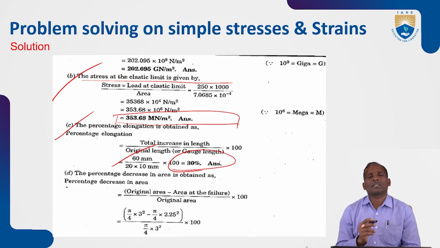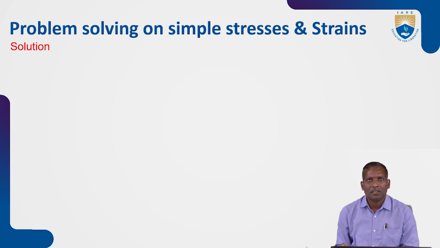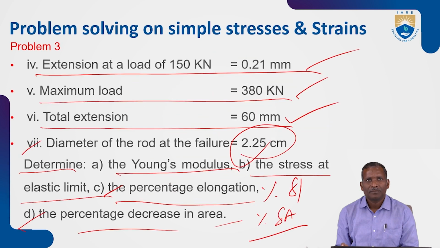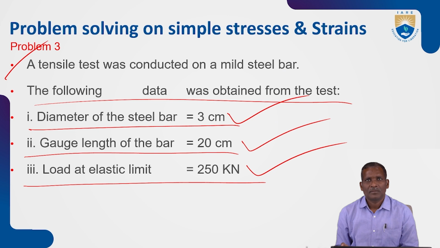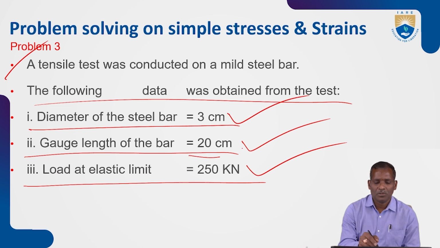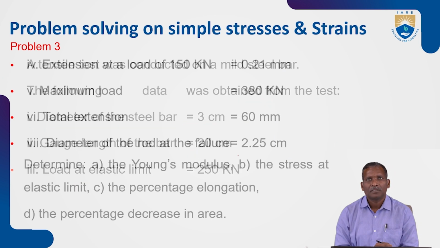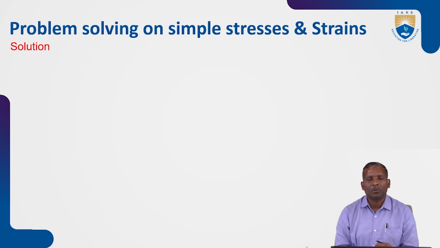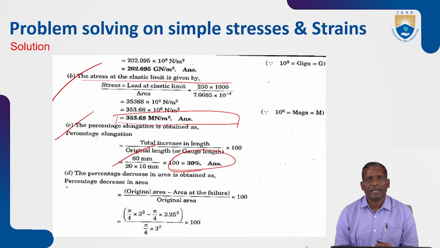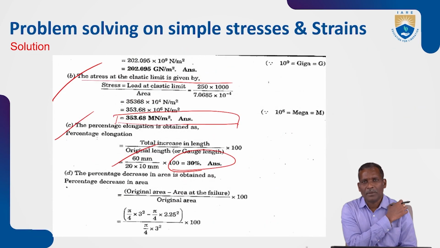So this is percentage elongation. The gauge length of the body is 20 cm, that's why we convert into mm, 20 multiplied with 10.